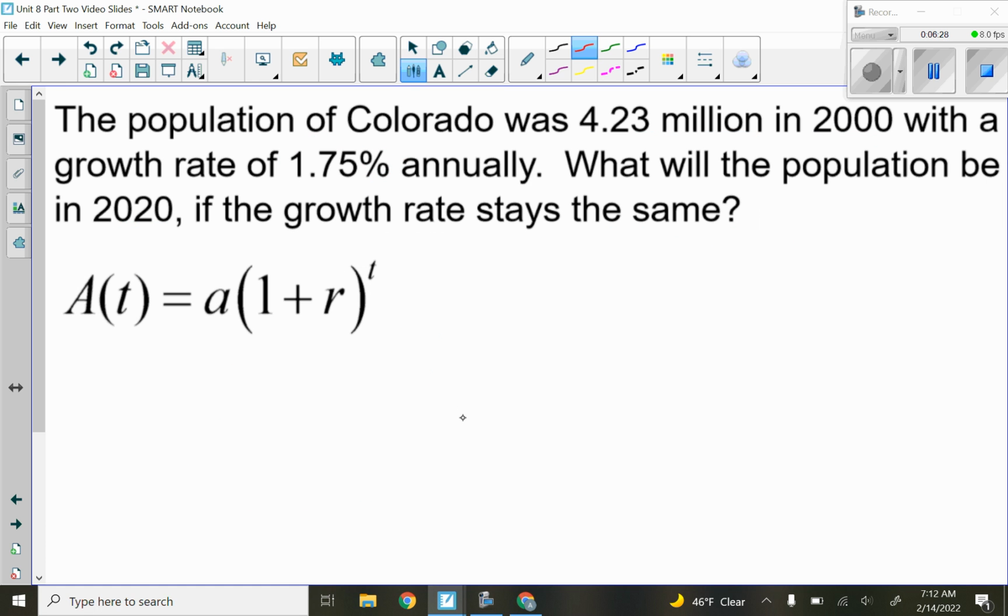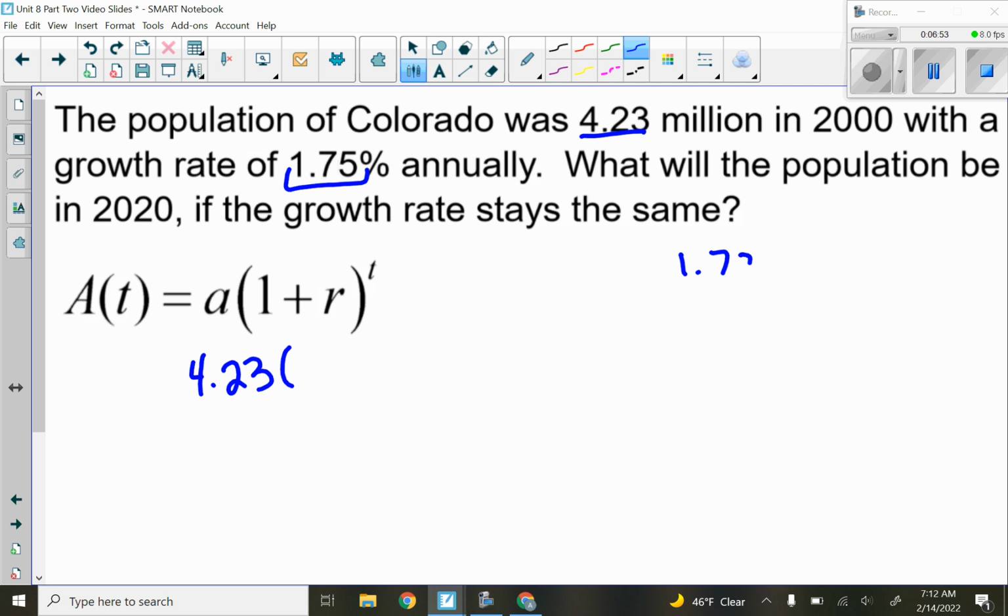So here's another one. The population of Coronado was 4.23 million in 2000 with a growth rate of 1.75% annually. What will the population be in 2020? So we start with our 4.23 million. Now we have to figure out what is that growth rate.